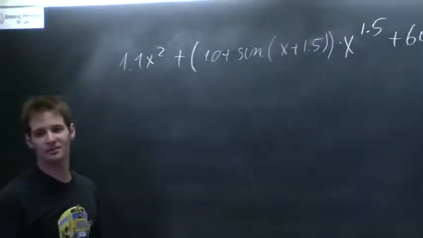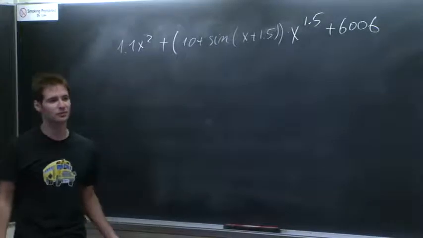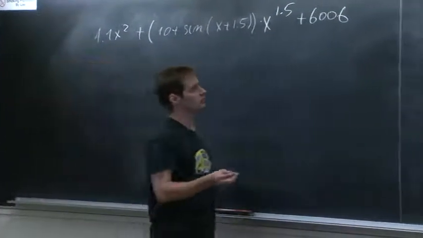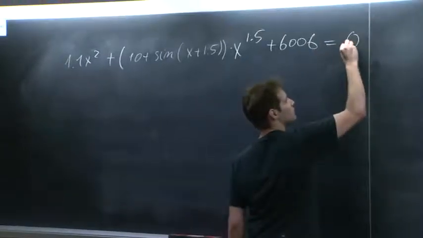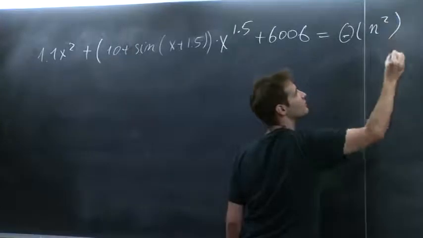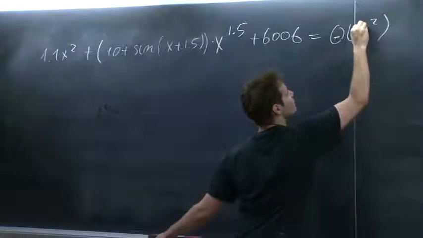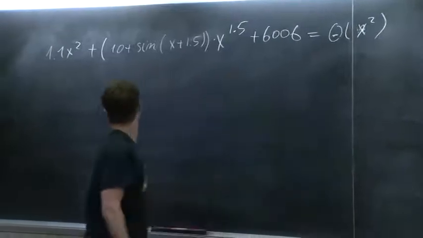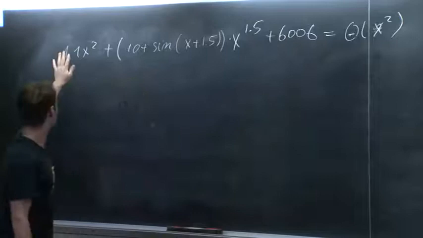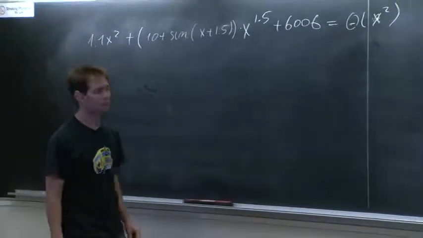So you have this guy, which is quite long and horrible and would make your life miserable if you had to reason about it. And you can say that this is theta of x squared. So everything that's here goes away, and this constant factor here goes away, and it's a nice and small function.